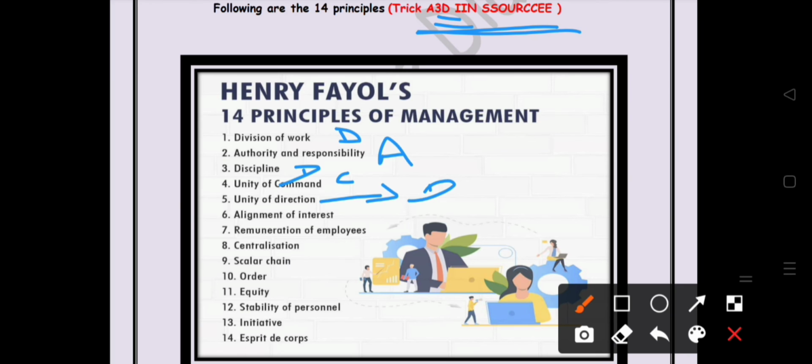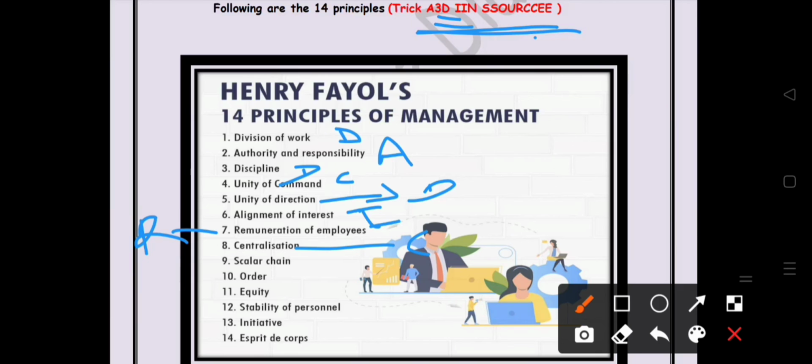Then next is alignment of interest. I stands for the interest. Then next, remuneration of employees. R for the remuneration. Then next, centralization. Again C is coming over here, so I have put the C over here. You can see the two Cs here, but one C stands for the command and the other C stands for the centralization.